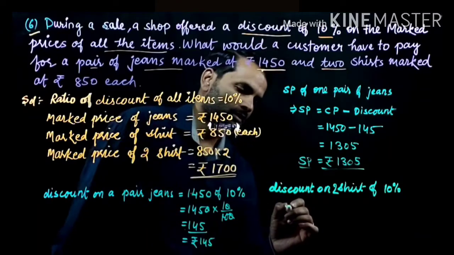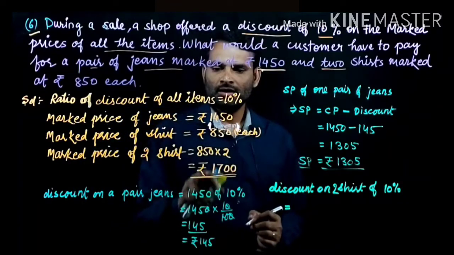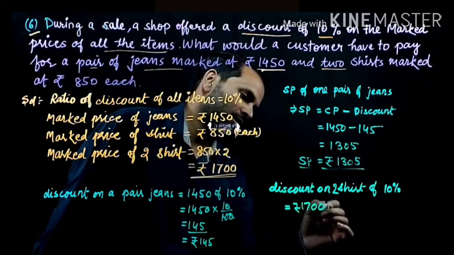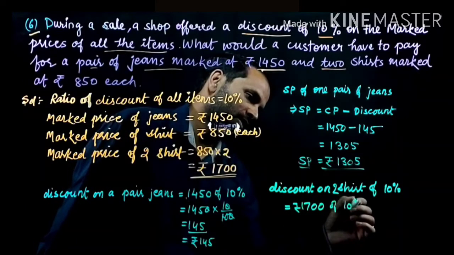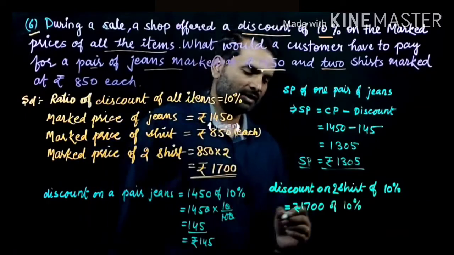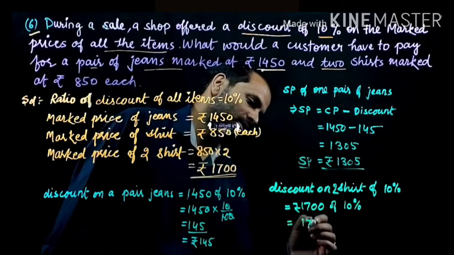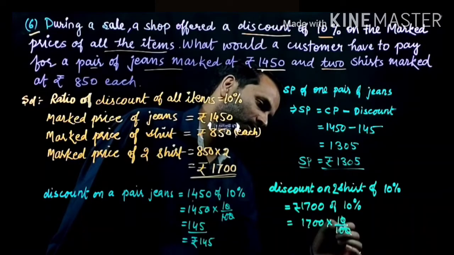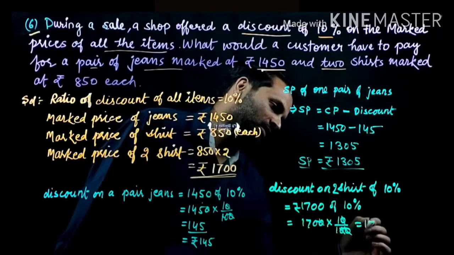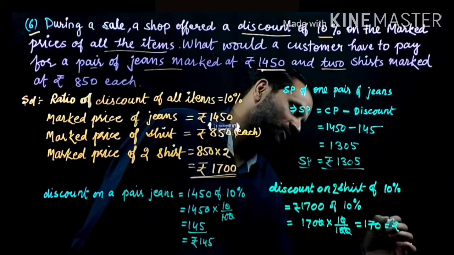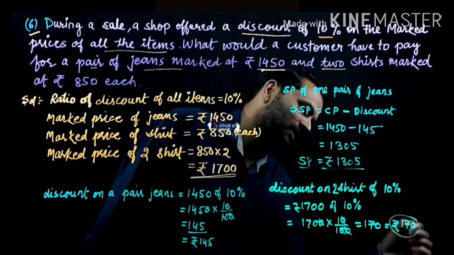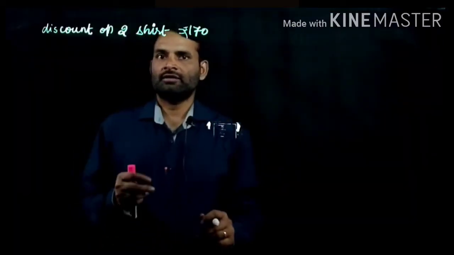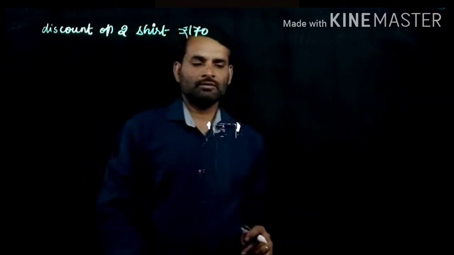It means 1700 of 10%, that is 17 into 10 upon 100, zeros cancel, it's 170. It means 170 rupees is the discount on 2 shirts.